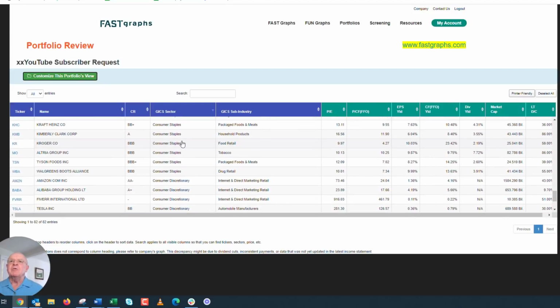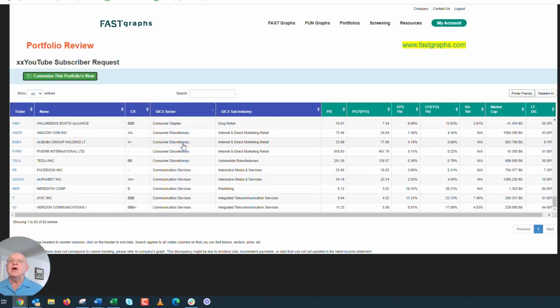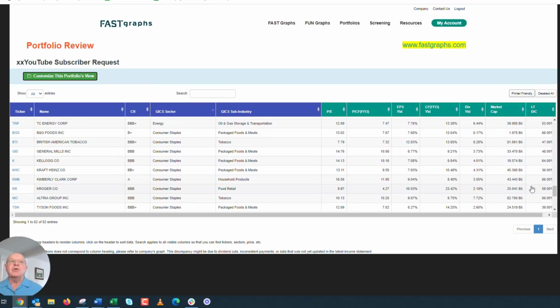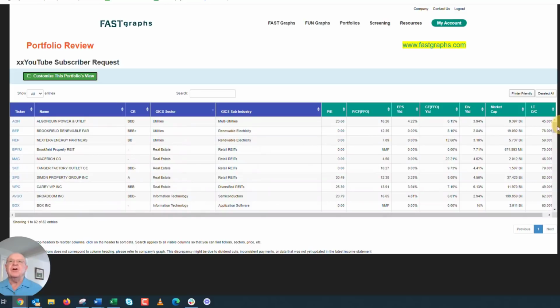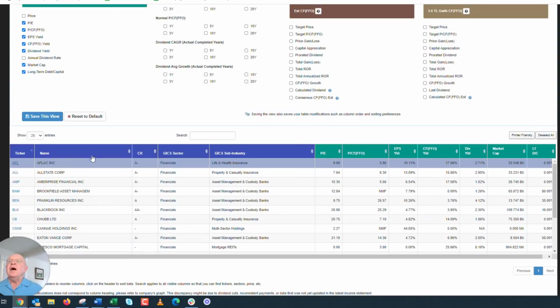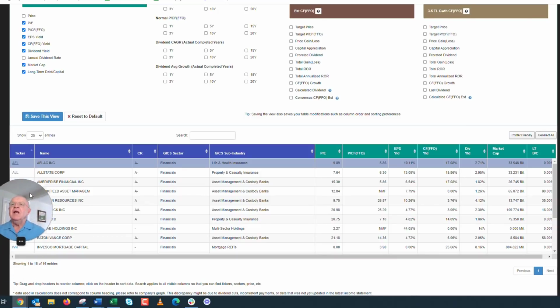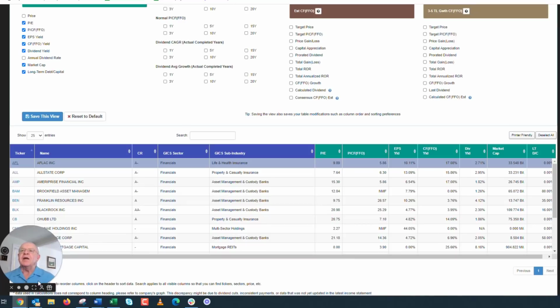And then another popular one was consumer staples, consumer discretionary, and communication services was also quite popular. So this is going to be fun to do over the next several weeks as we kind of get into these. But today, I'm going to look at the financials. In that cross section, I've got 16 companies in the financial sector that I've picked here. You can see them: Aflac, Allstate, and so on.